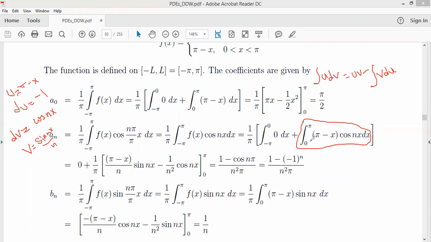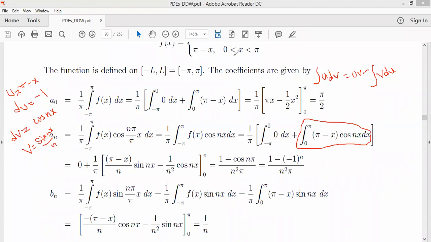We are doing integration by parts. I have already got the u. Our u is pi minus x, guys. The dv is cos nx, which is this one here.